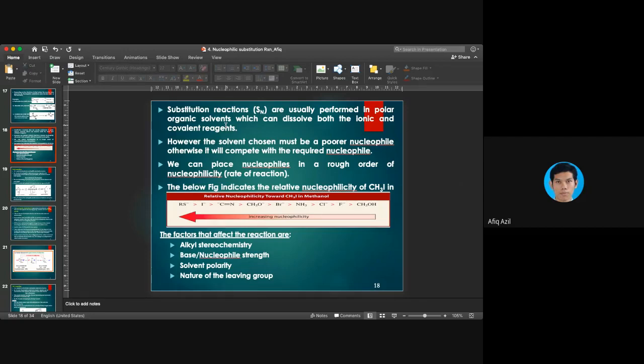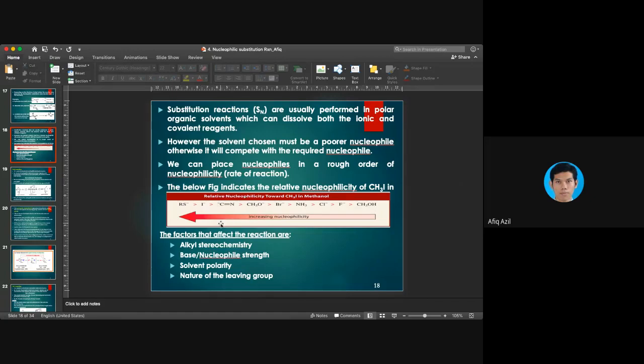An example of a non-organic solvent is water. However, the solvent chosen must be a poorer nucleophile, otherwise it will compete with the required nucleophiles.